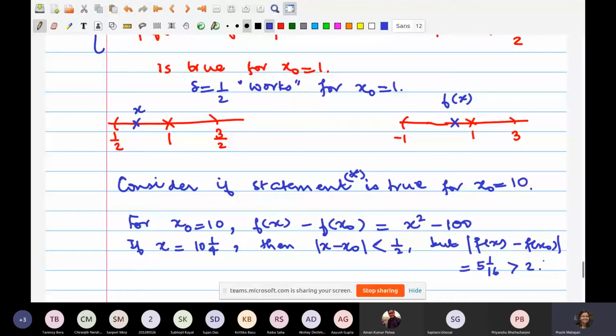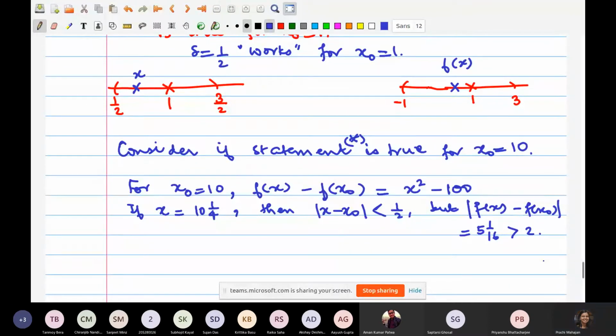So the conclusion: for epsilon equal to 2, delta equal to 1 by 2 works at x0 equal to 1, but does not work at x0 equal to 10. So delta equal to 1 by 2 does not work at x0 equal to 10.